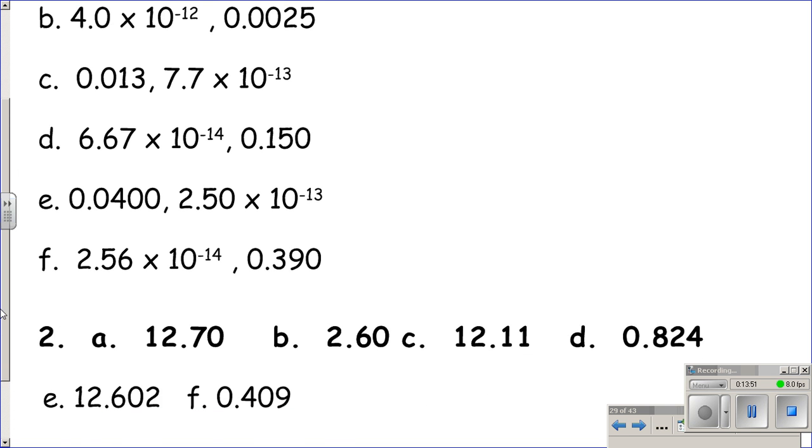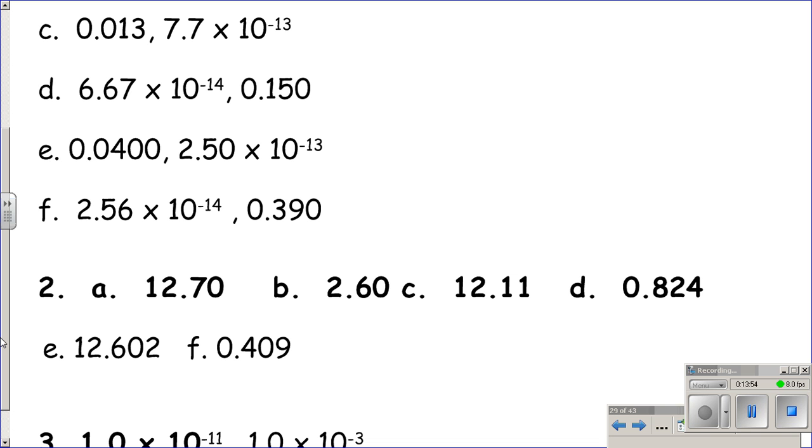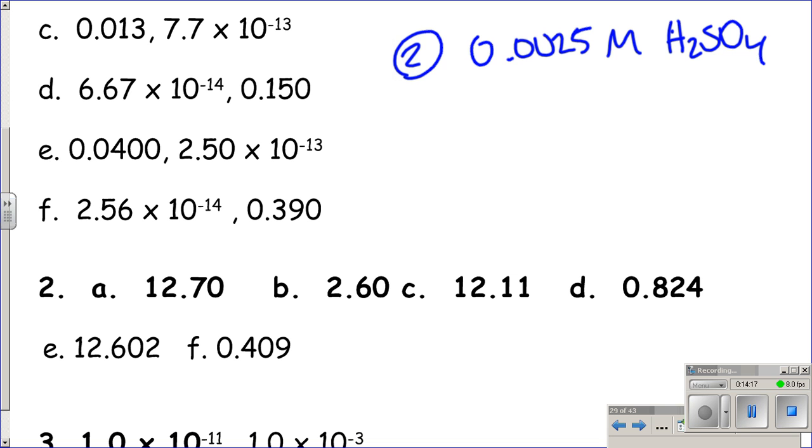All right, I'm going to scroll down a little bit more. Did you get 2B? Okay, number 2 had the sulfuric acid concentration of 0.0025 molar H2SO4. Sulfuric acid is just a strong acid. I did not tell you to multiply anything by 2. It's something very simple. It is diprotic, but don't think of anything too much past that.